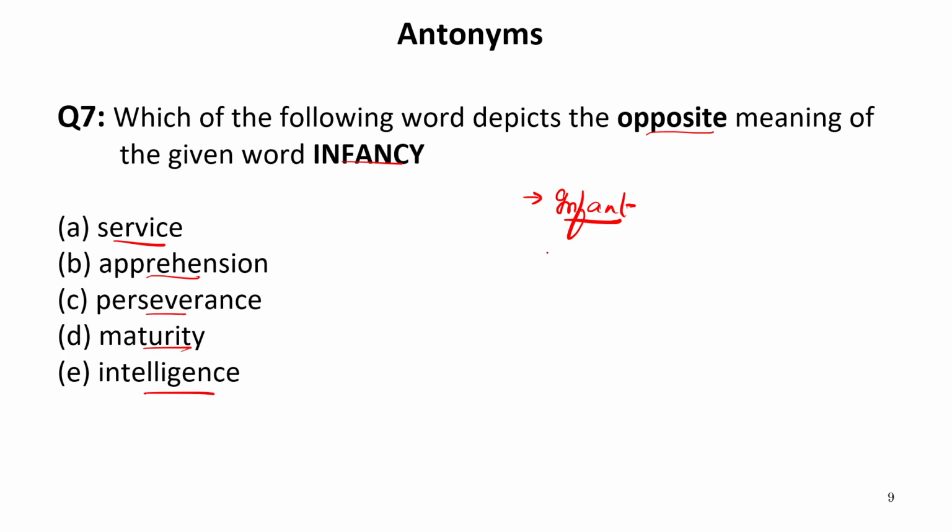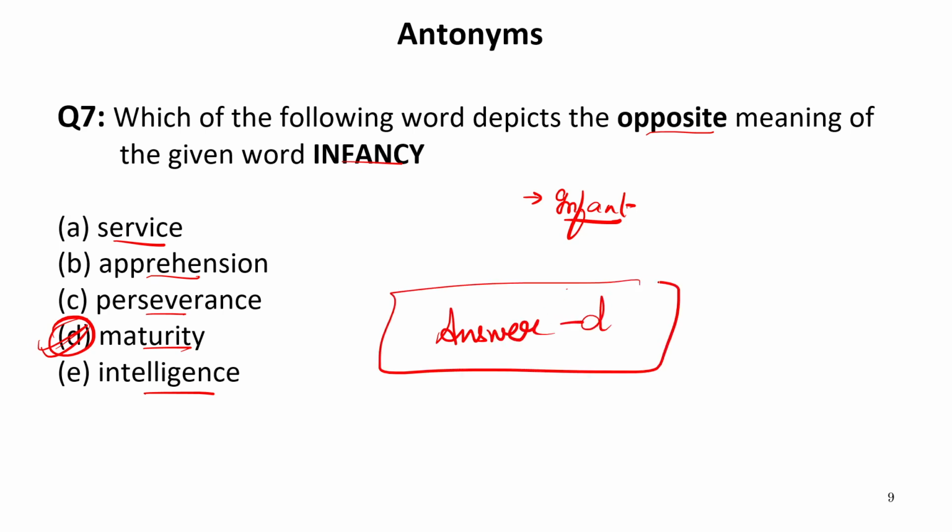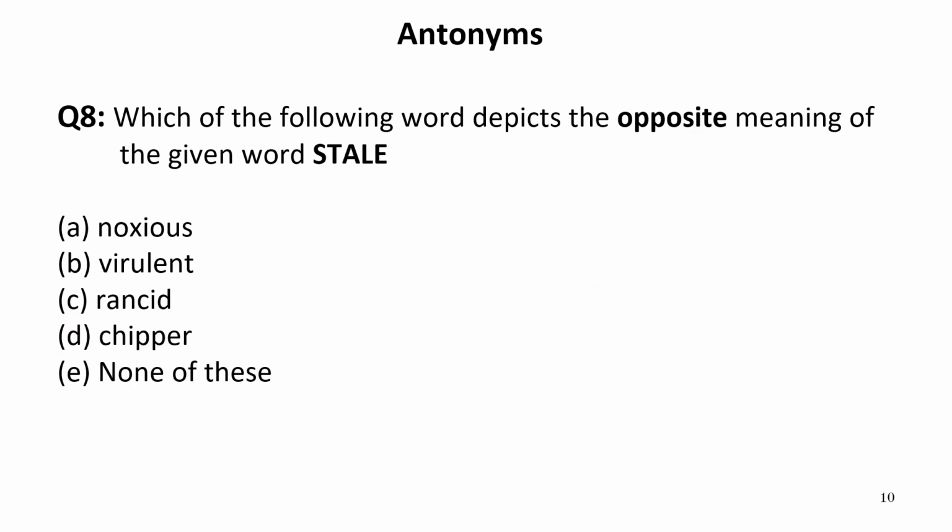Infancy is just childlike. When a child is an infant, it means he is not mature, he is minor, he doesn't behave maturely. So obviously, the opposite of it will be maturity. So our answer is D. Maturity comes definitely with age sometimes. So D is the correct answer. Now let us move to the next one.